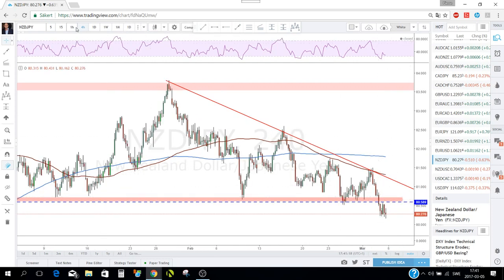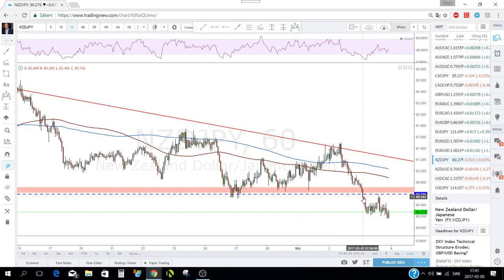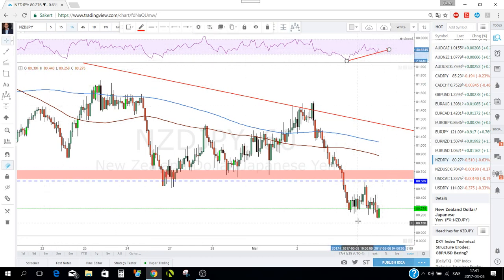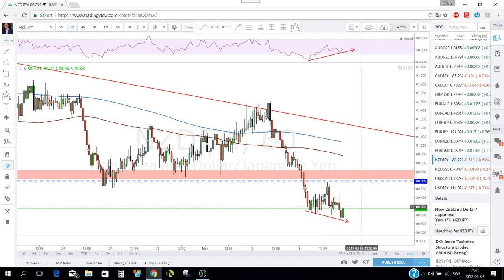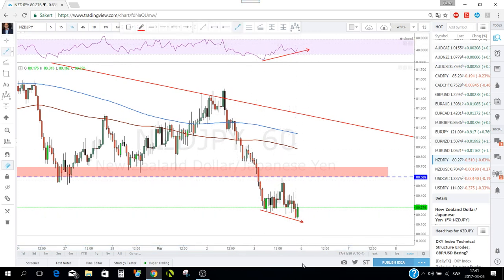So for next week, we should be looking at how price will react in this area. It looks like it's going to keep going down, but we have this clear divergence on the hourly RSI. As you see, the RSI is going up and price was heading to the downside. So what we should be looking at is if price goes back up here and does this retest.